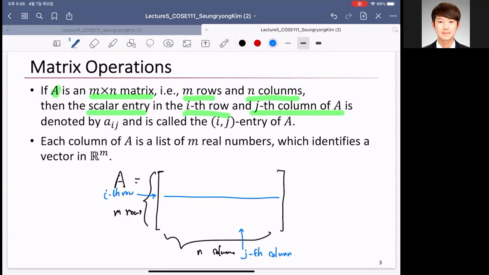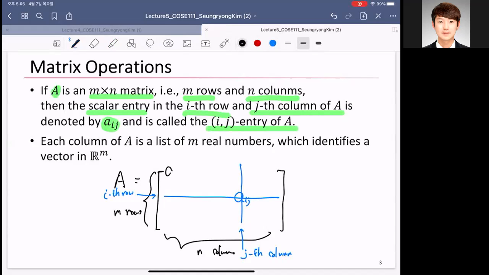A single entry in the ith row and jth column is denoted by a_ij in general, which is called the ij entry of the matrix A. Similarly, you can determine each element in your matrix A.